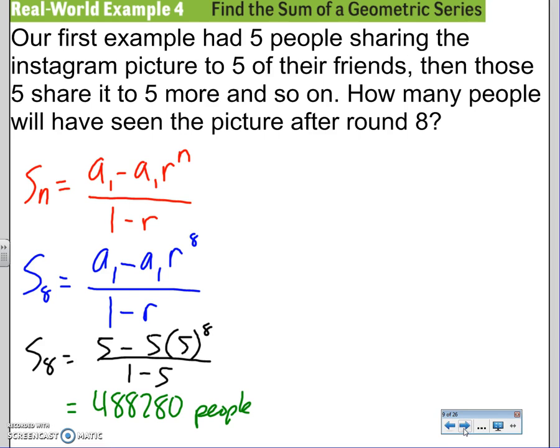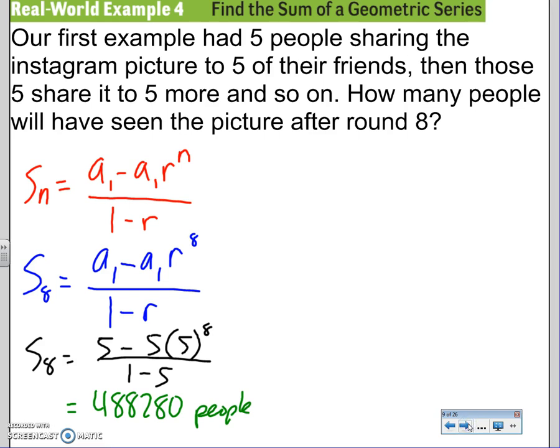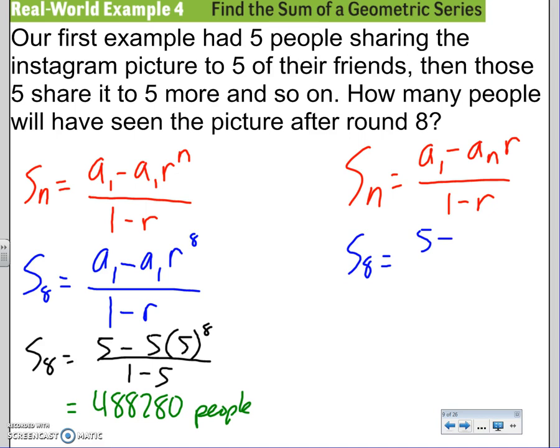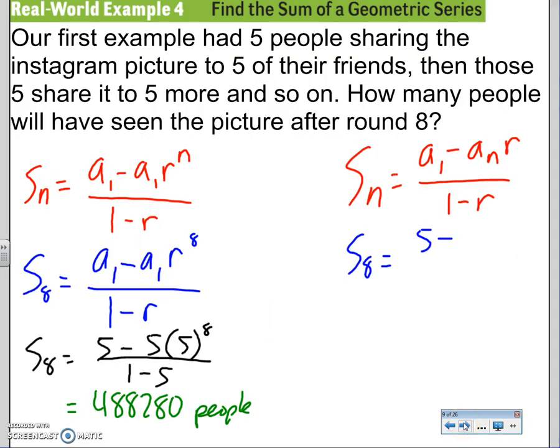Alright, if we did the other formula, so notice I just did the top formula. Let's try this other formula. S of n equals a1 minus a_n times r, over 1 minus r. So S of 8 equals, the first number is 5. A sub n, remember, or a sub 8, let's go back here.